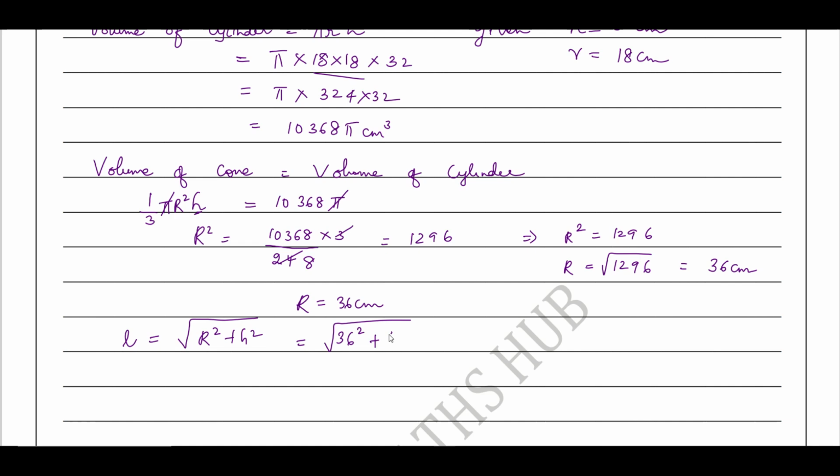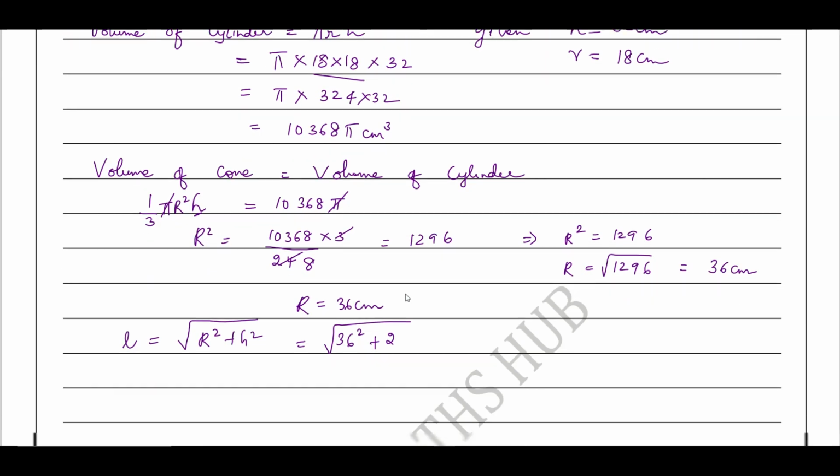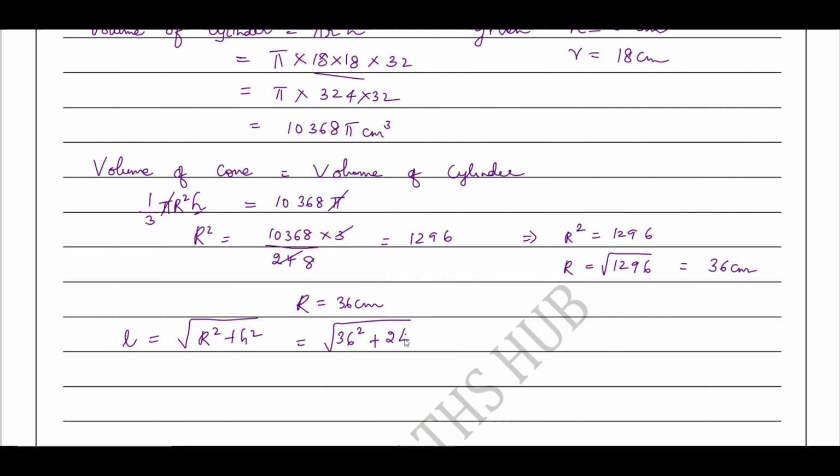What is the height of the conical heap? It is 24 square, which is equal to 36 square is 1296 and 24 square is 576. Now if you add 1296 plus 576, we get 1872.